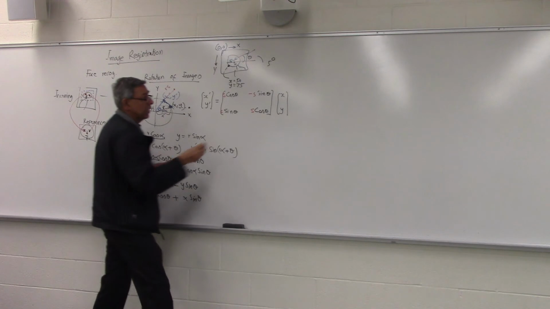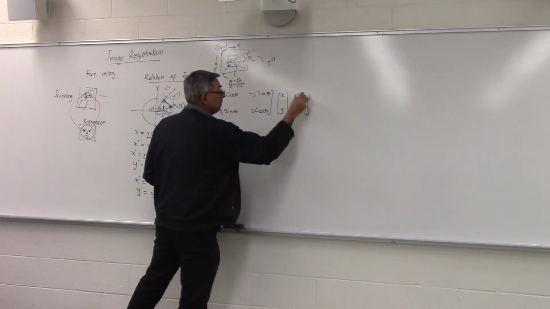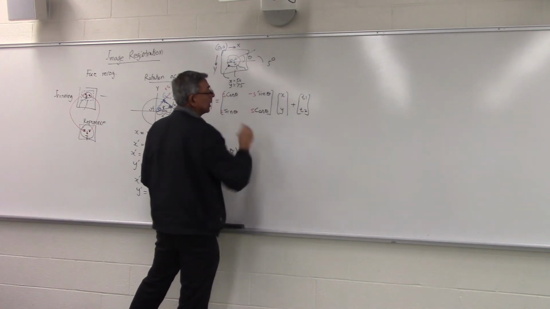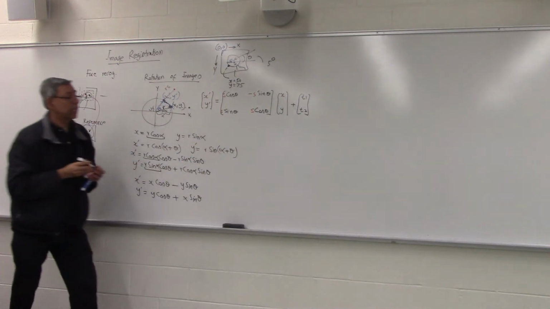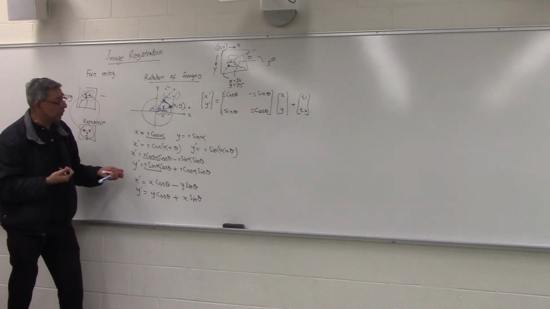Shift is very easy because all we have to do is take whatever the X shift is, suppose we call it T1, T2, T for translation. As I indicated, translation is the terminology we use for shifting.